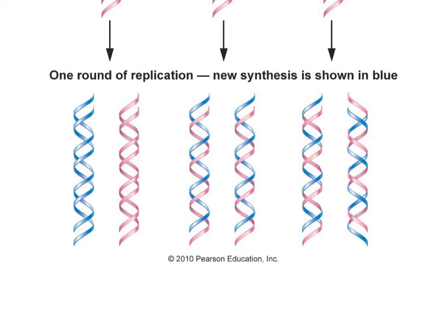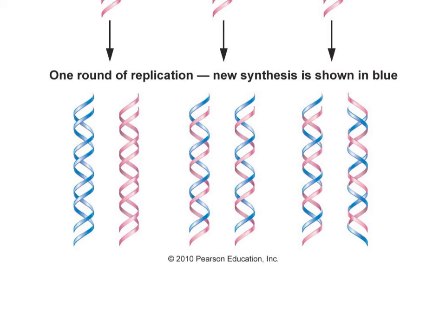Semi-conservative replication, indicated in the middle here, is when you go from having a single double-stranded molecule that splits apart into two single strands, and a new strand is replicated that is complementary to each of them. Each of the two resulting double-stranded molecules has one new strand and one original strand.